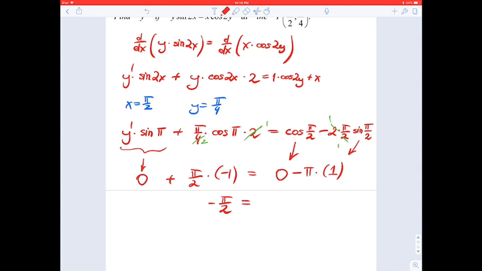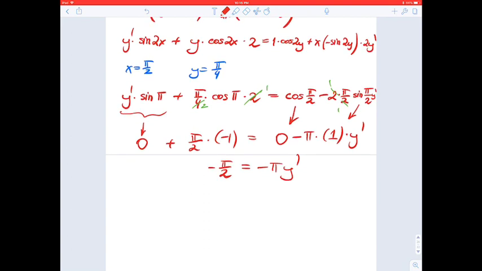Now, derivative of cosine of 2y, it's negative sine of 2y times derivative of 2y, which is not 2, it's 2y prime. That's what I was missing. It means I supposed to have y prime. I have 2, I have x, but I have to have y prime also. It means we have negative pi y prime.